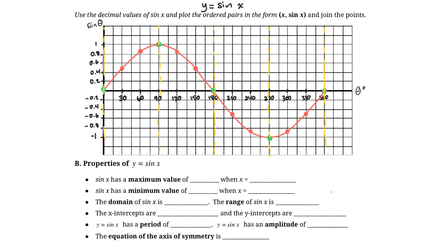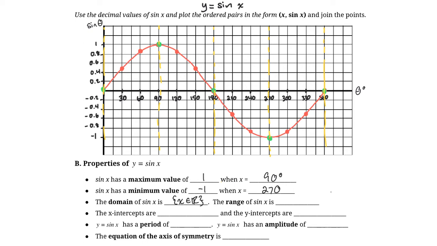And now we're going to look at some of the properties of the sine function. So the sine function has a maximum value of 1 when x is 90 degrees. And the sine function has a minimum value of -1 at 270 degrees. The domain of our sine function is that x could be any angle, so x is going to be any real number.